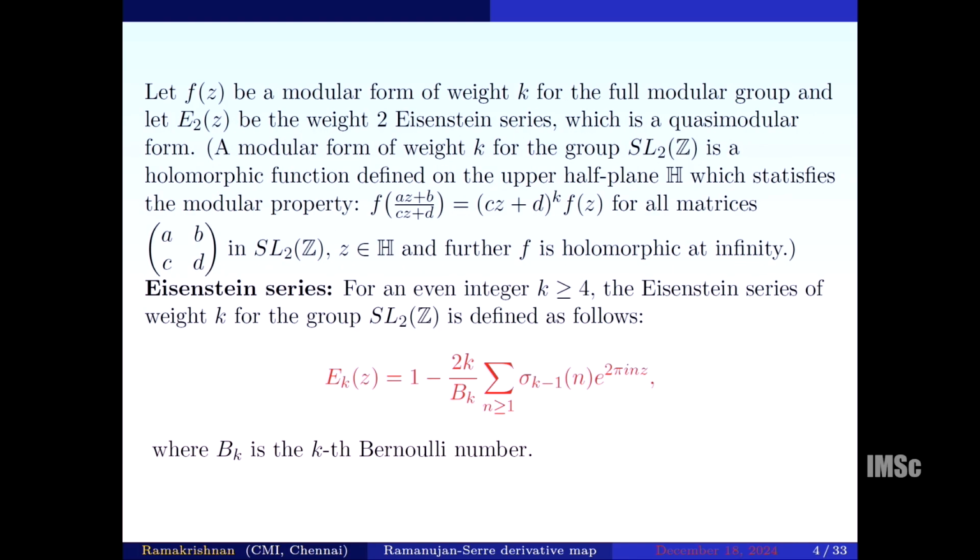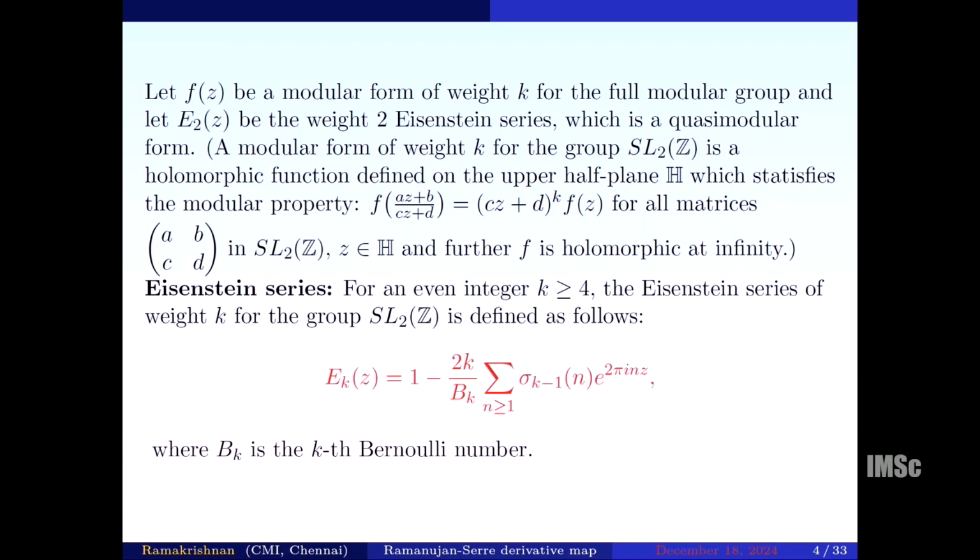To begin with, let me give the basic definition of a modular form of weight k for the full modular group. Let E_2(z) be the weight 2 Eisenstein series. Whatever I am mentioning is also valid for forms of level N. Since I am going to use it only for Eisenstein series, I wrote the full modular group.